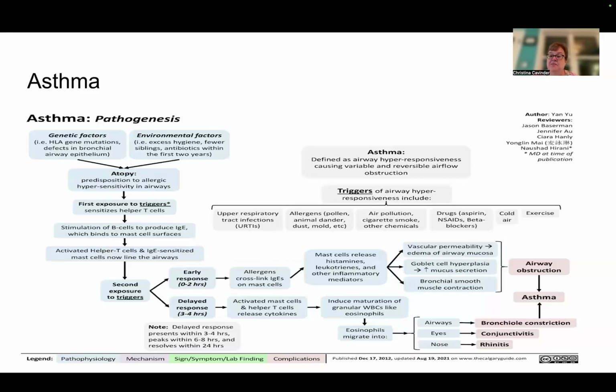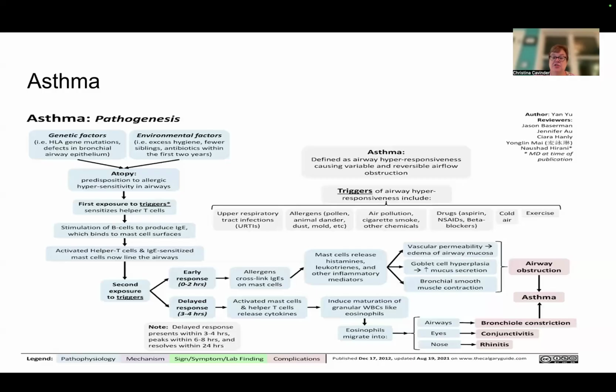So now your body is hypersensitive to whatever that trigger is. You already have your T cells and your IgE all ready to go. With a second exposure to the trigger, the early response usually happens within the first 2 hours.